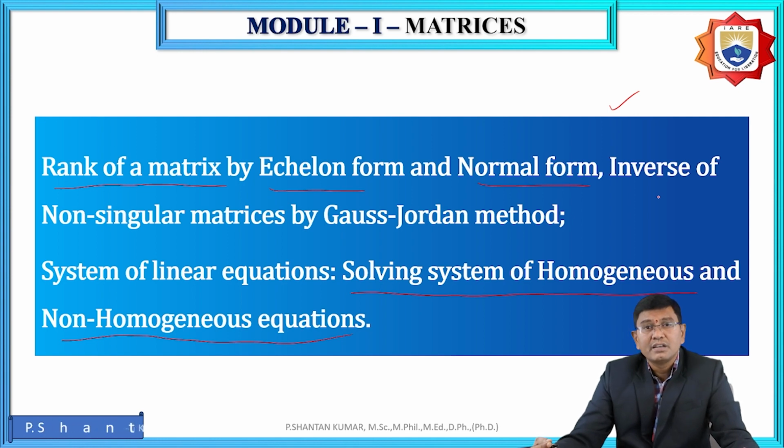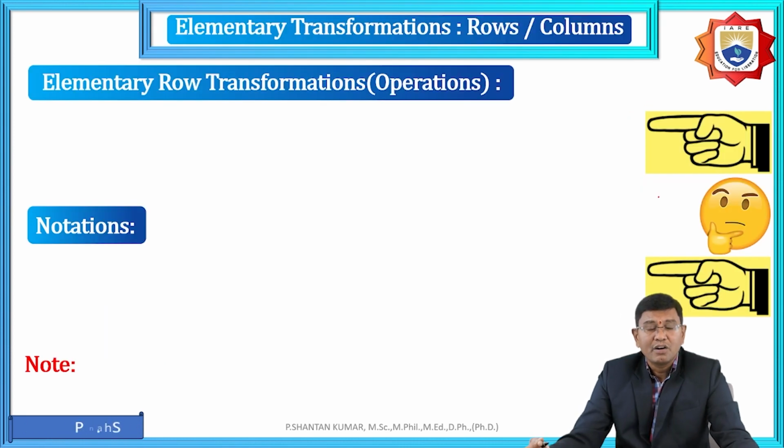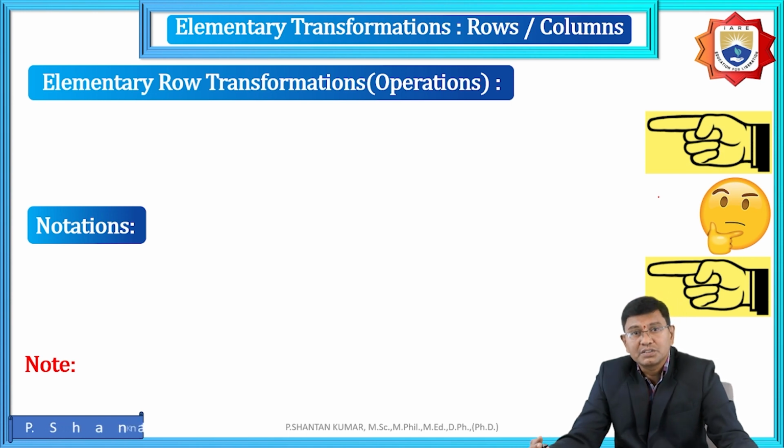Before that, we first need to understand what the elementary operations are. They are sometimes called elementary operations or elementary transformations. Under them there are basically two types: elementary row operations and elementary column operations. If we discuss the elementary row operations first, the column operations are similar.